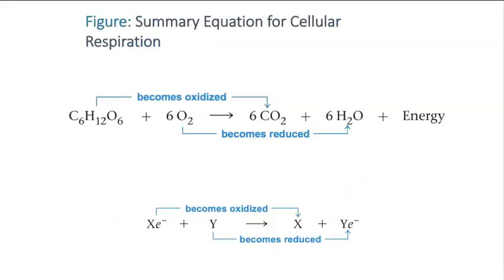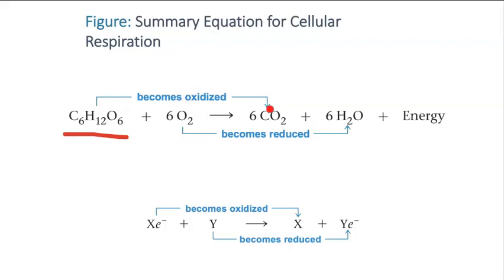So following our concept of oxidation and reduction with our equation for cellular respiration, we've got our glucose, right? And glucose is going to become oxidized. Remember that oxidation is loss of electrons, yeah, but loss of hydrogen. So if we follow this along, look, it has no hydrogen.